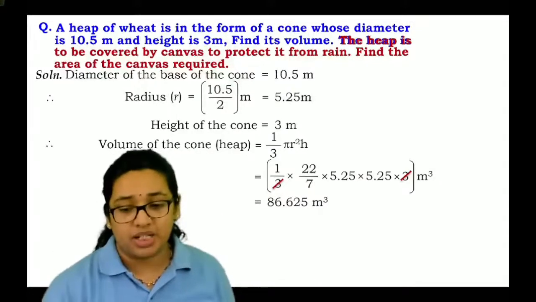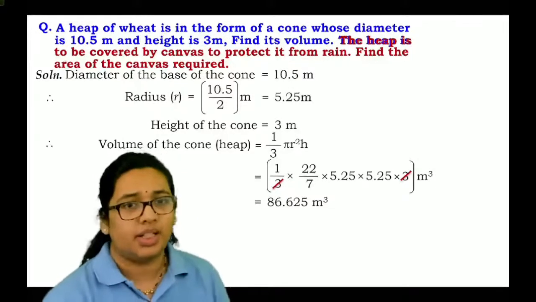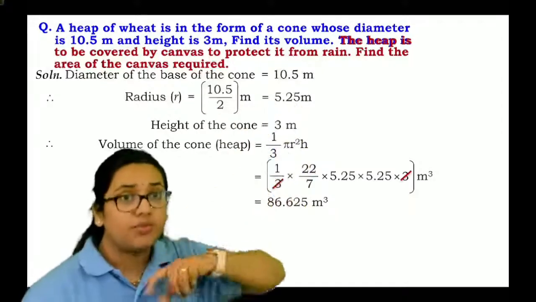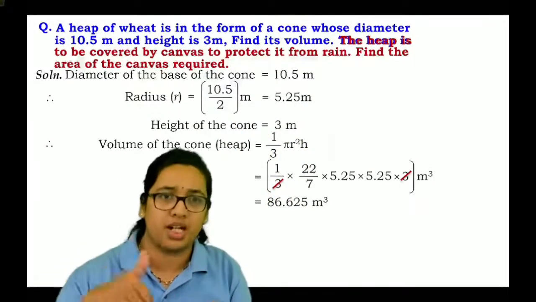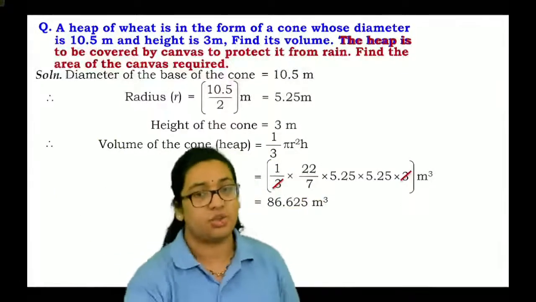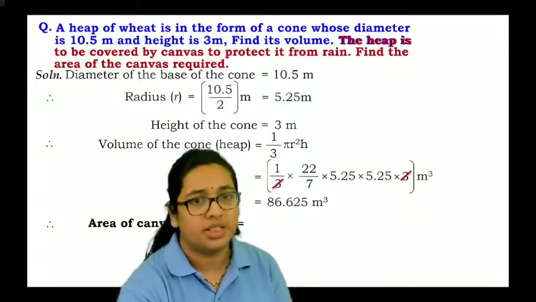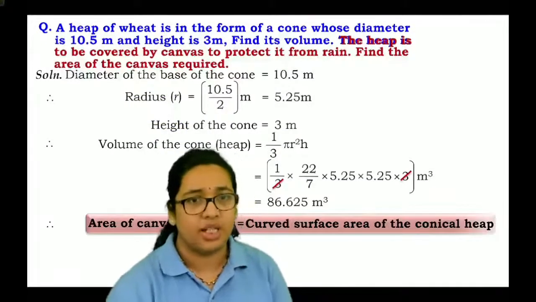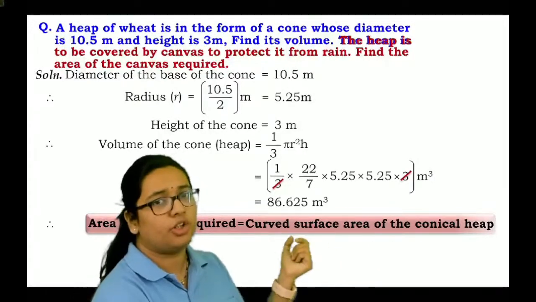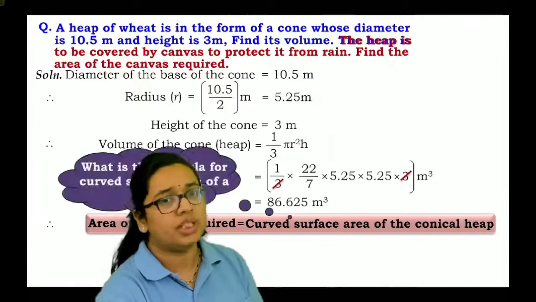So the next part is that we have to find out, if we have to cover it from the rain, the rain obviously comes from above, right? So you only have to find out its curved surface. So area of the canvas required is nothing but curved surface area of the conical heap.